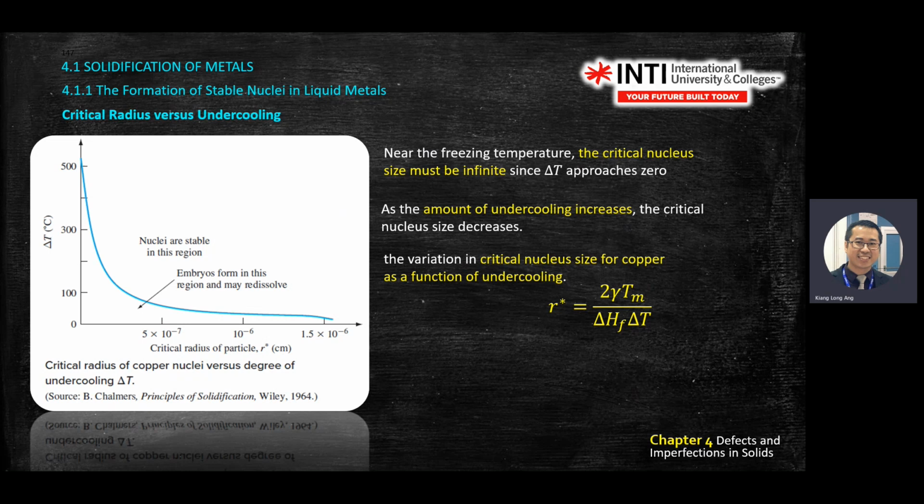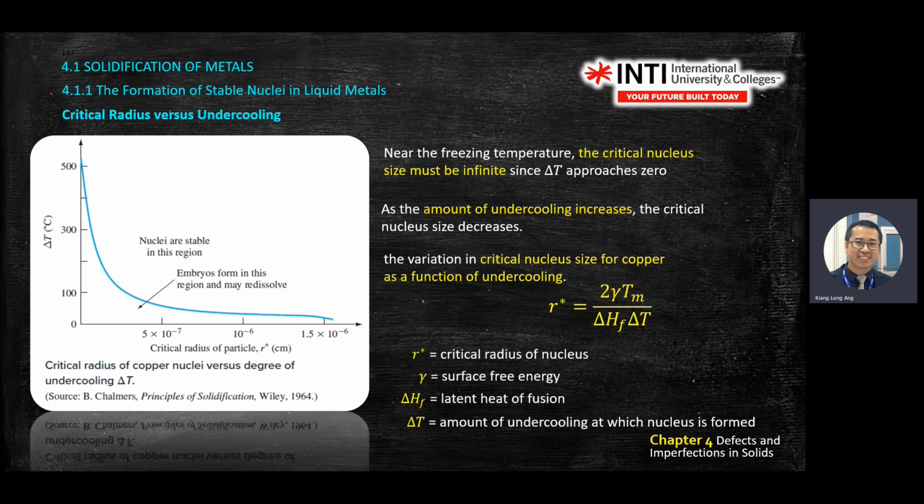This equation is for copper. For R star, you can use Tm, the melting temperature, the heat of fusion, and the undercooling temperature, the change of undercooling temperature, to find the critical radius.